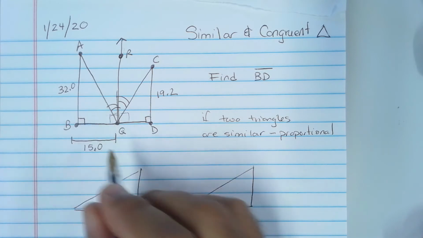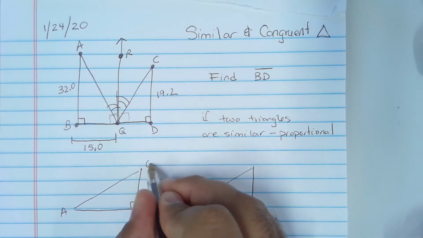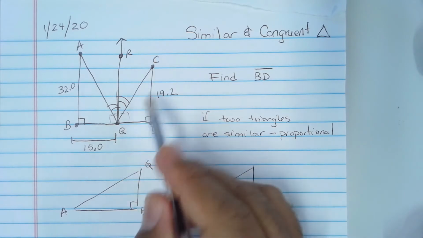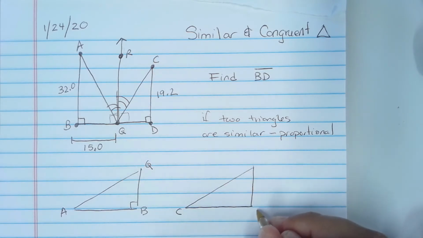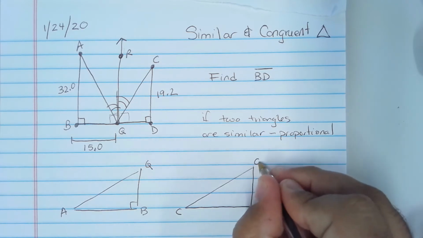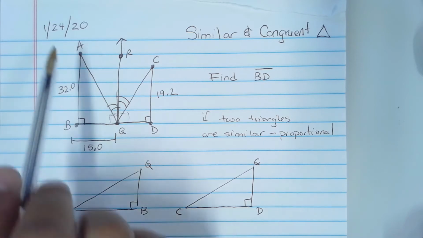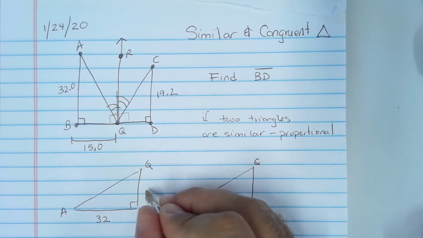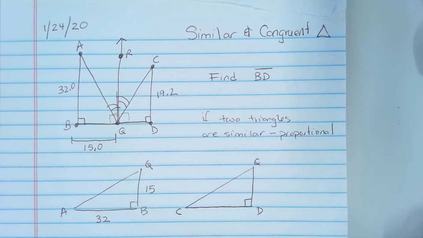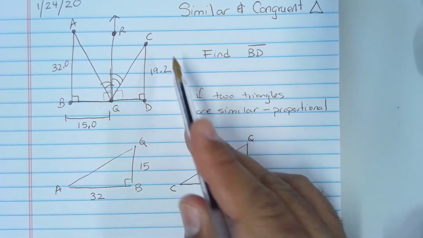So if we take this triangle here, which is A, B, Q, and we take this triangle C, D, Q, I could go ahead and put the sides that correspond. For instance, AB represents 32, BQ represents 15. And I look at the next one, we know what CD is.